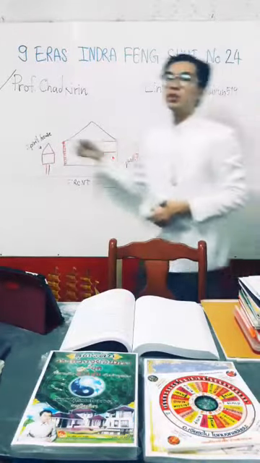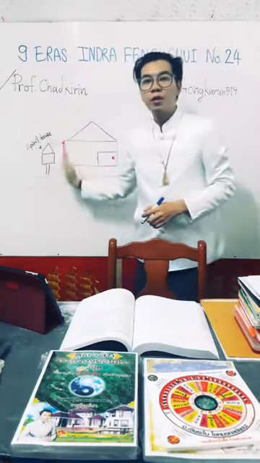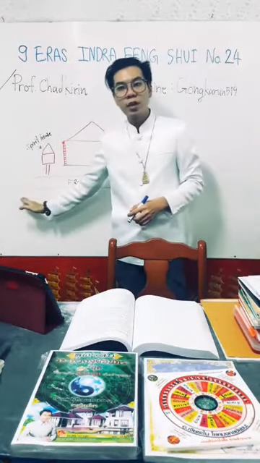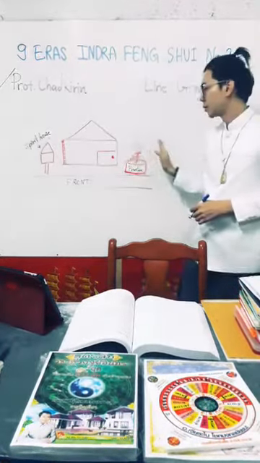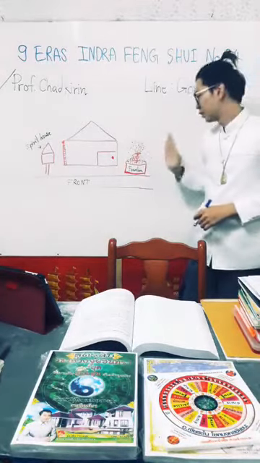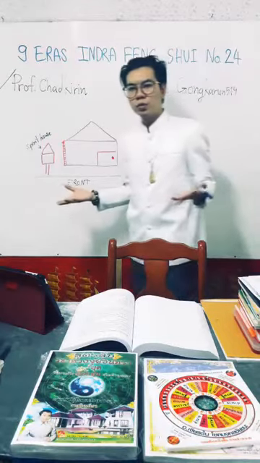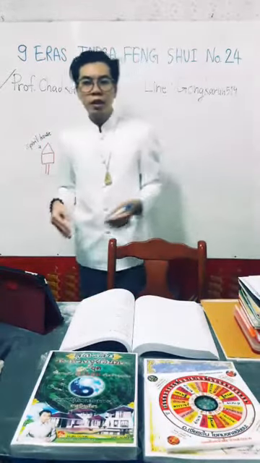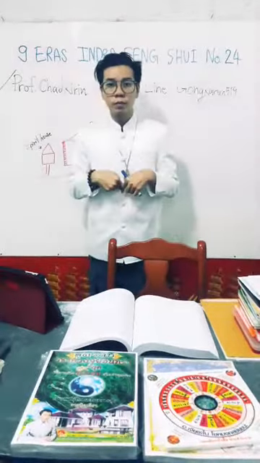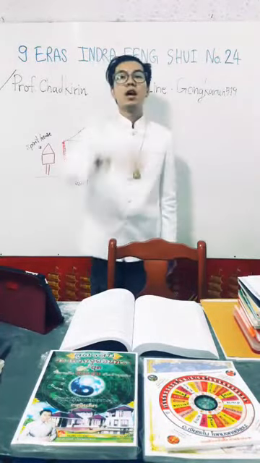On the right hand side is the tiger position, and on the left hand side is the dragon position. How do we know? We just stay in the house and face the front of the house.